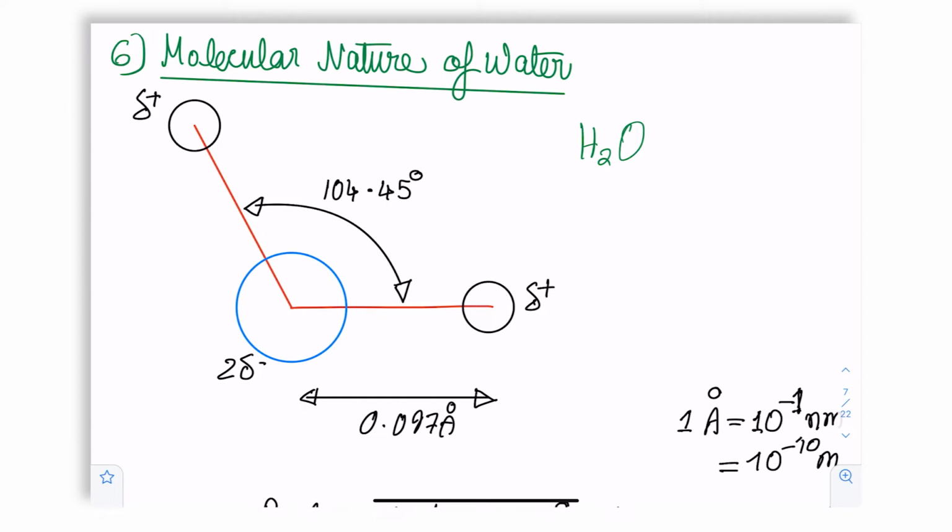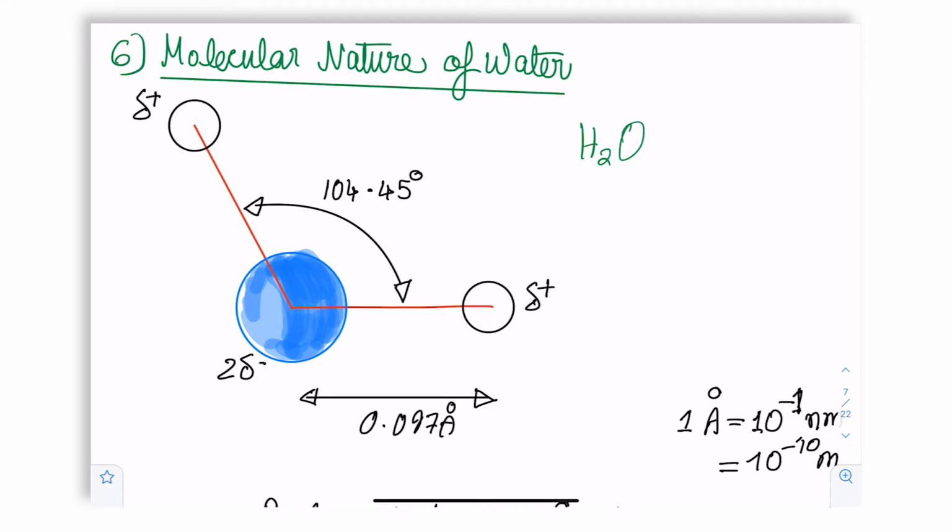The structure of water is interesting because, as you see here, there is a central oxygen, which we say has a charge of 2δ negative.